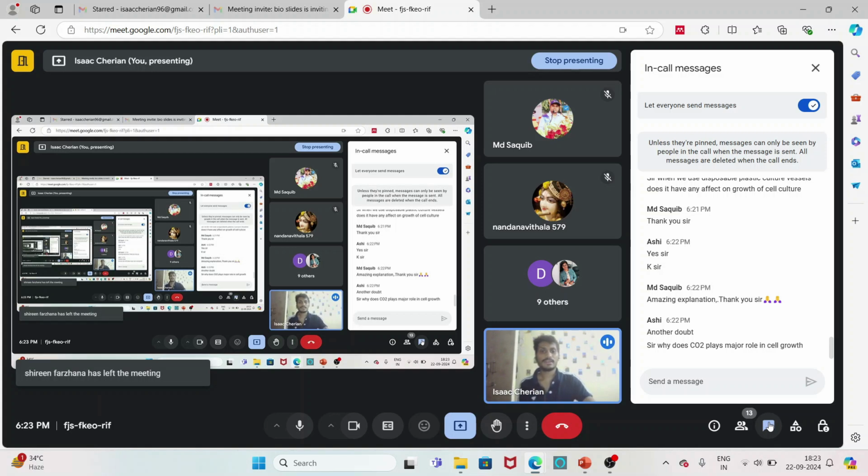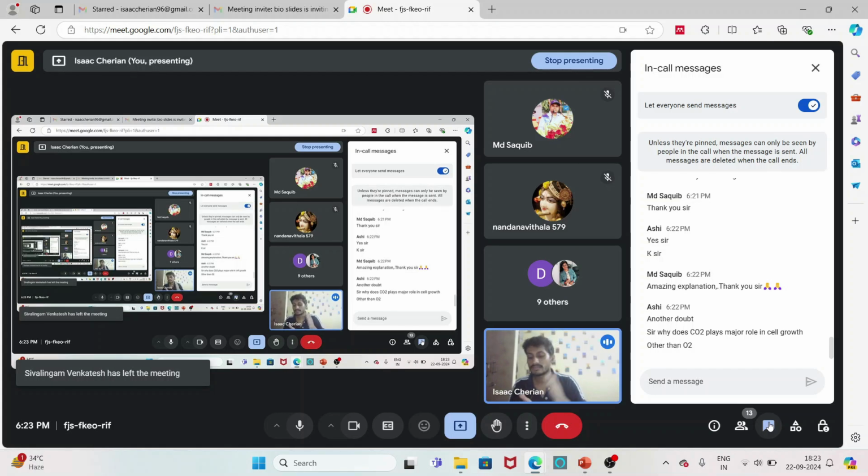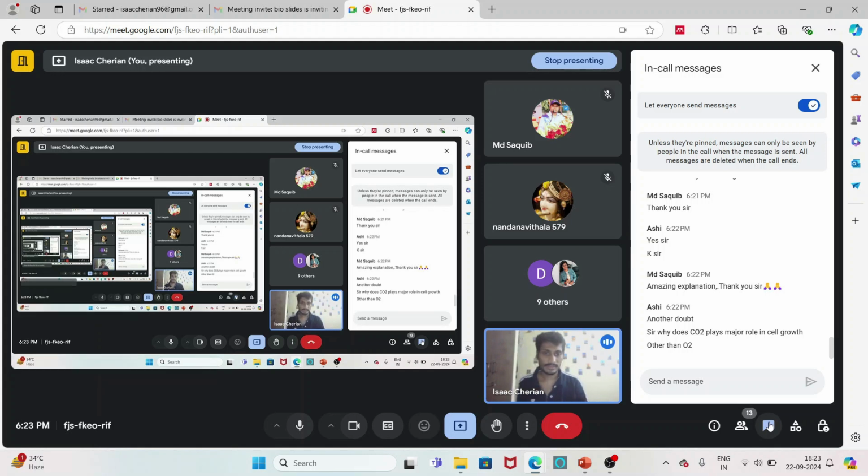If you look at the overall aspect of a cell culture, the cell culture actually respires. It absorbs oxygen and releases carbon dioxide. Oxygen is essential, but a higher oxygen amount will lead to free radical formation, which might affect cell life. In the case of carbon dioxide, if the amount increases, it combines with the water present in the culture, promoting the formation of carbonic acid.